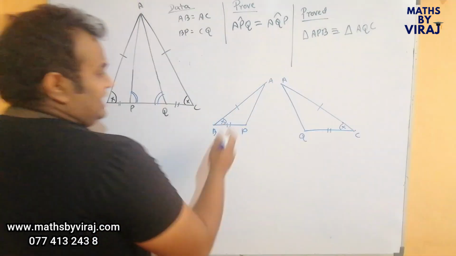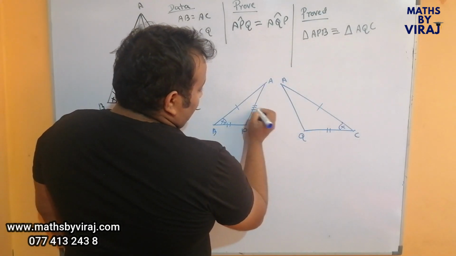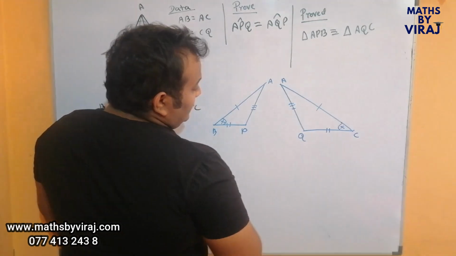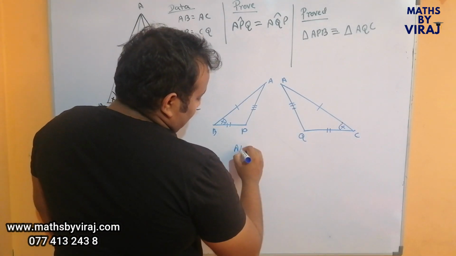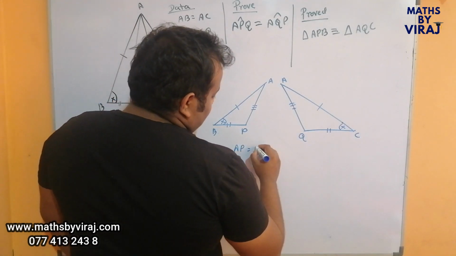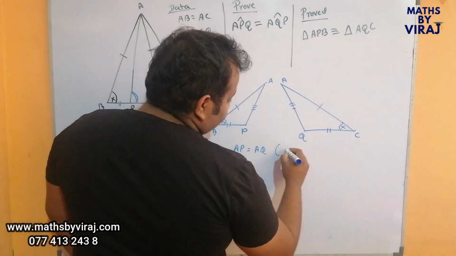Therefore, we can say that side AP is equal to side AQ. Why?